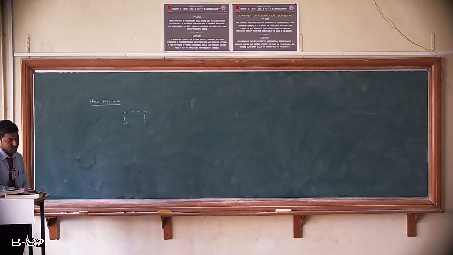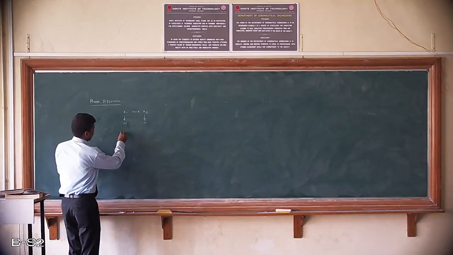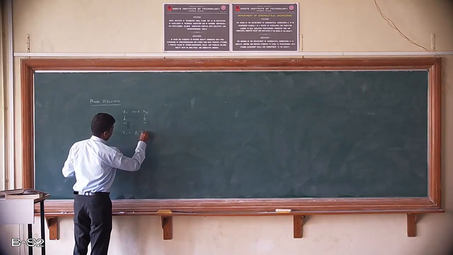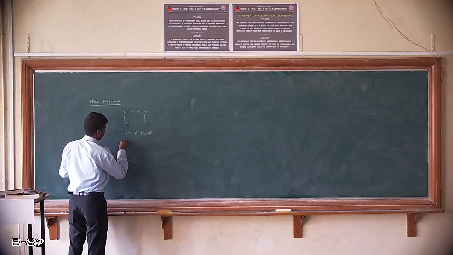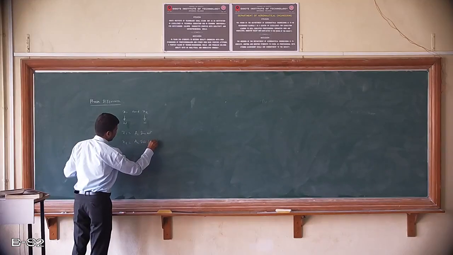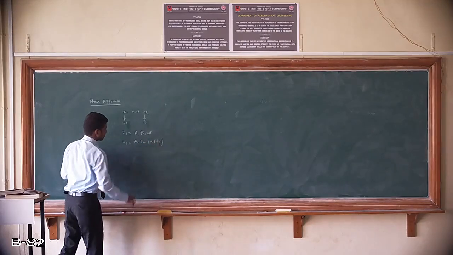For such a system, the vibrating motion can be expressed as x1 is equal to a1 into sine of omega t, and x2 is equal to a2 into bracket sine of omega t plus phi.